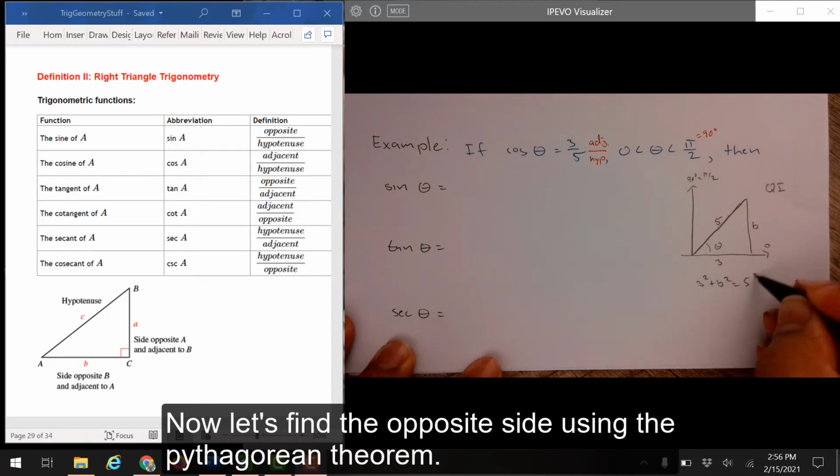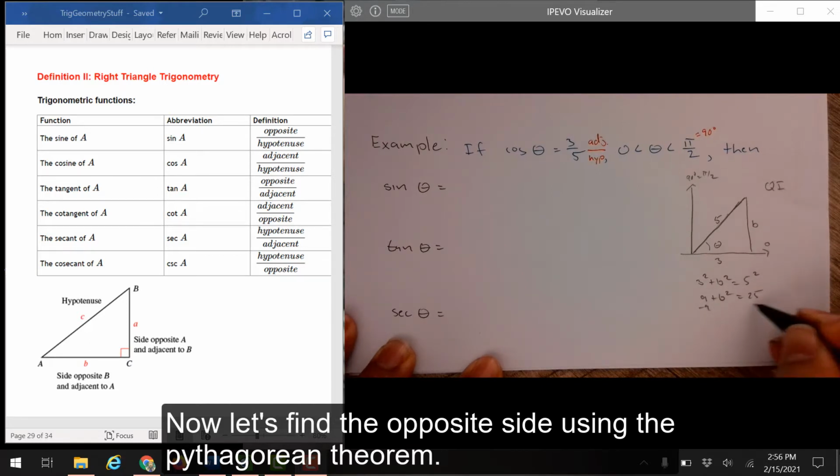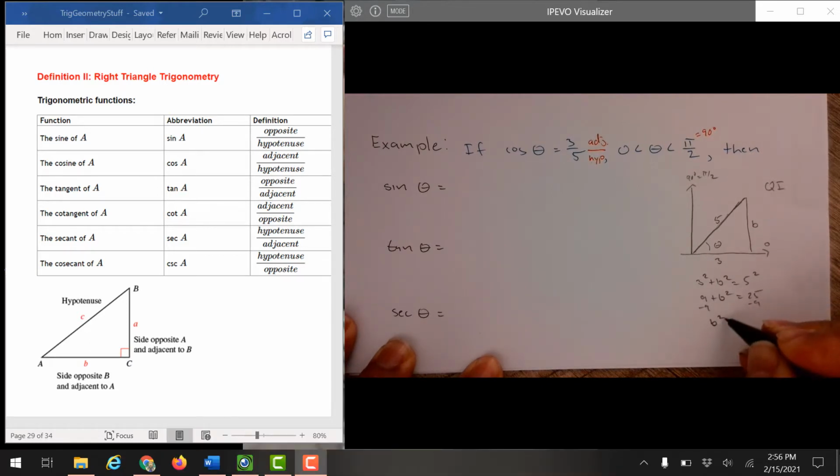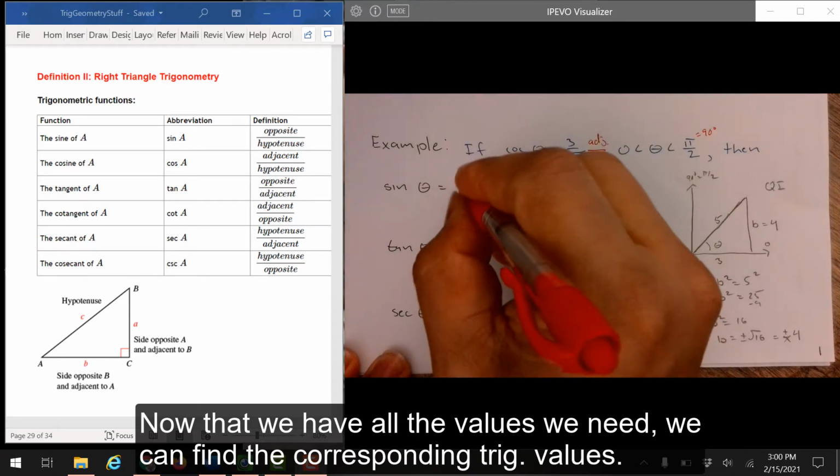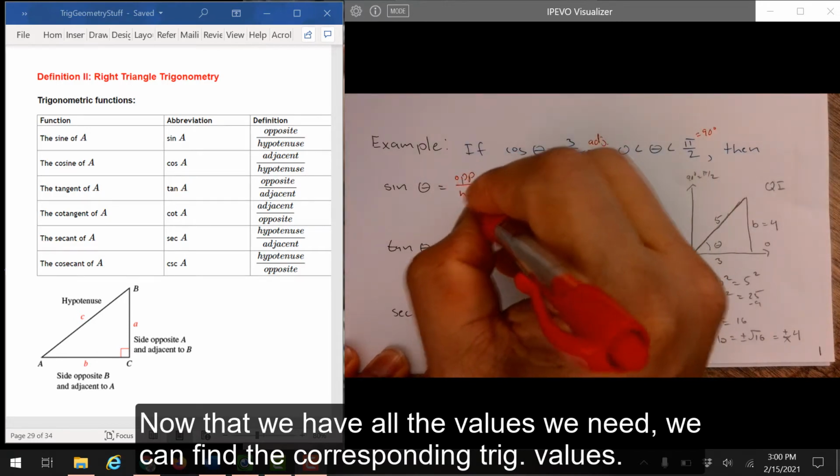Now let's find the opposite side using the Pythagorean theorem. Now that we have all the values we need, we can find the corresponding trig values.